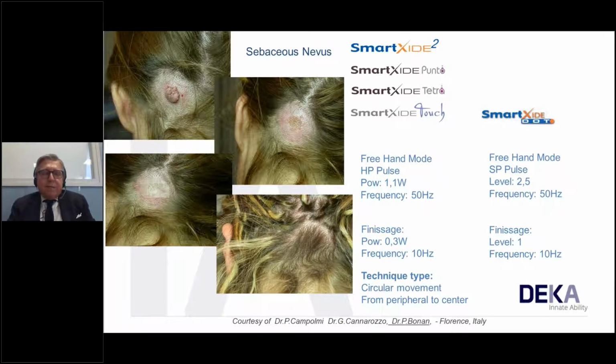That means that we are working in a very delicate manner, not hitting the vertical follicle, but only the lesion in the skin. You see the parameters that we use with the new system: HP mode, power 1, and 50 Hz of frequency.